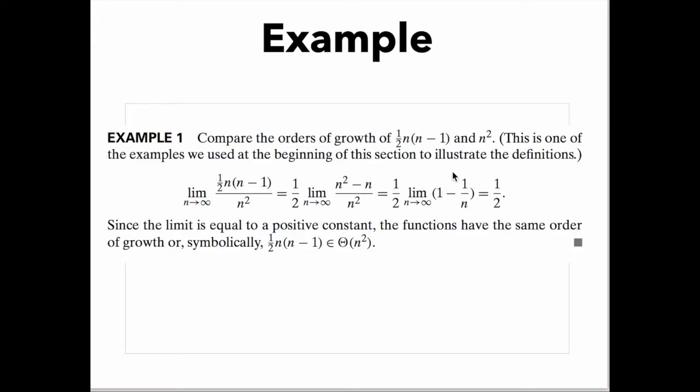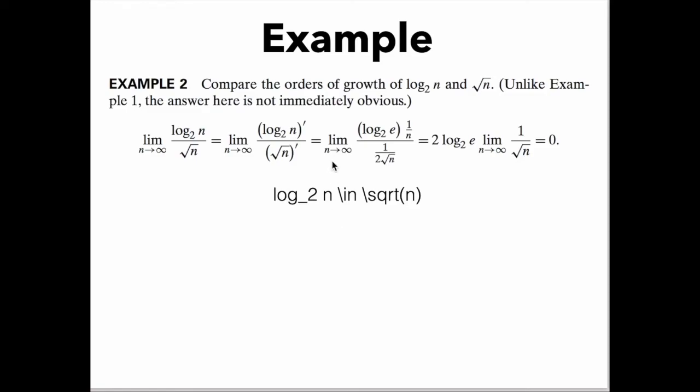And evaluating the limit we have, n approaches infinity. This is equivalent to 1 minus 0. So 1/2 times 1 is equivalent to 1/2. So since the evaluation is a constant value, which is equivalent to 1/2, we can conclude from the limit rule that this is in theta of n squared.